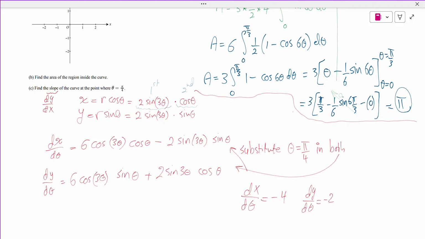And we know that dy over dx equals dy over d theta all over dx over d theta, which is going to be negative 2 over negative 4, which is half. So the slope equals half.